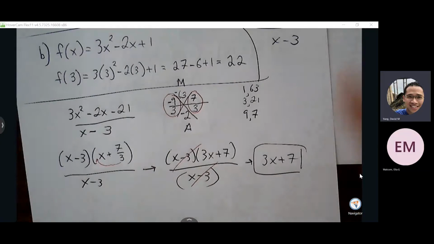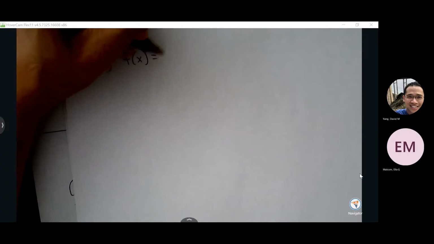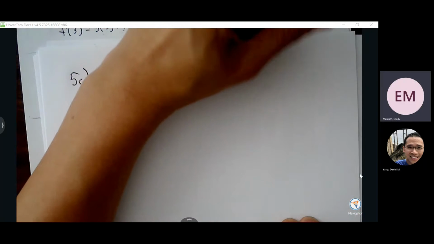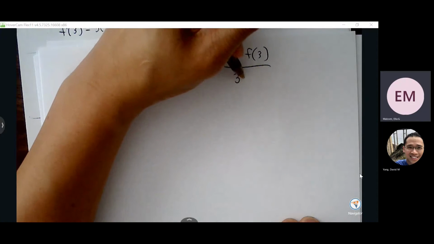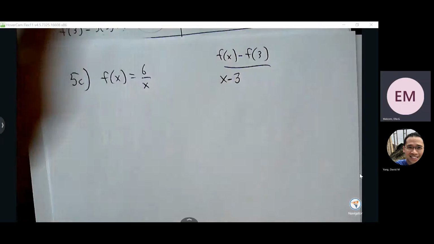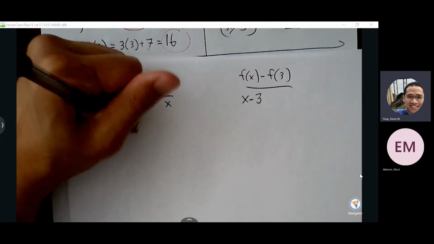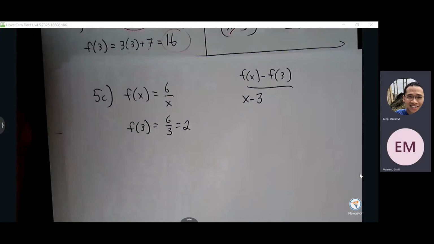Okay, let's do 5C, last one here. 6 over x minus 2, which is over x minus 3. All right, so f of 3 is 6 over 3, which is 2.